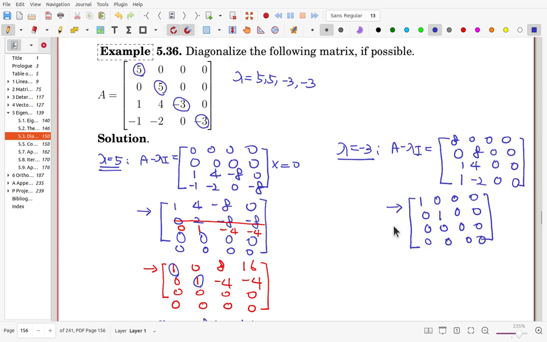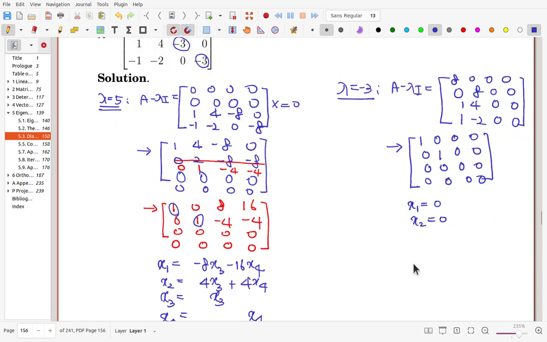You can get it quite easily. Now, that means here x1 equals 0, and x2 equals 0, and x3, x4 are free variables. So x3 is x3, and x4 equals x4.